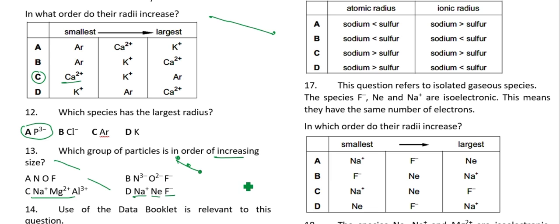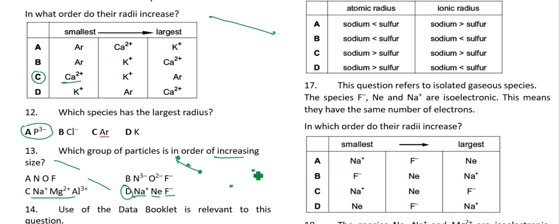So the size of the fluoride is here, whereas neon stays here, but the size of the sodium is far smaller because of the cation. The cation is formed by the loss of the complete valence shell electrons, whereas in the anion the same electrons are added into the same valence shell, so the size increases. So this will be our right choice.